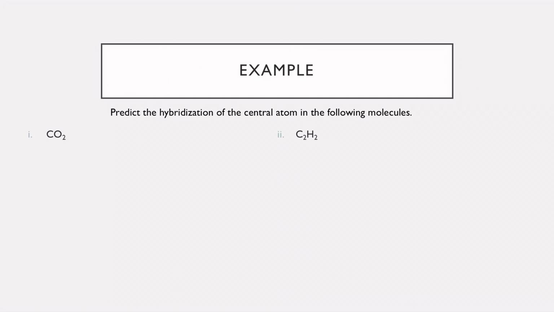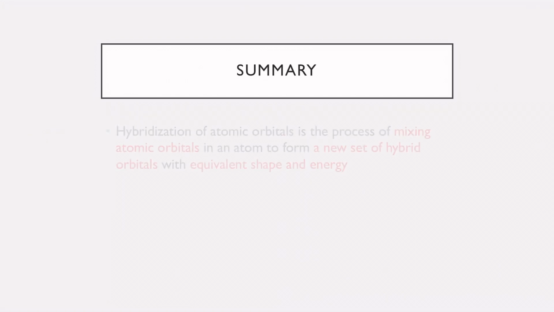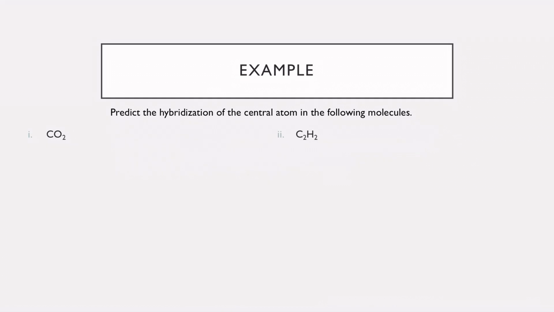Next, for CO2. At carbon, tengok tu, ada double bond kan? Tapi, we will only take account of your lone pair and sigma bonds for the hybridization type. So you have 1 sigma, 1 pi, 1 sigma, 1 pi.